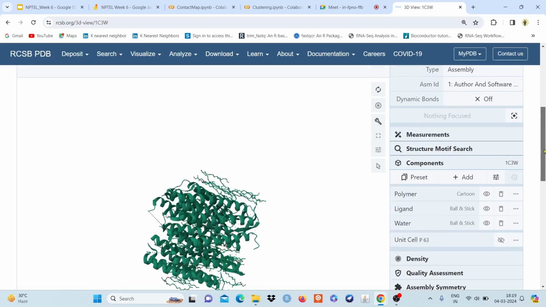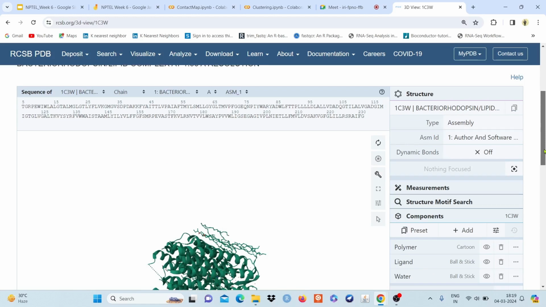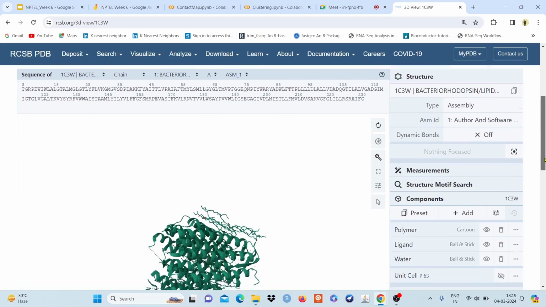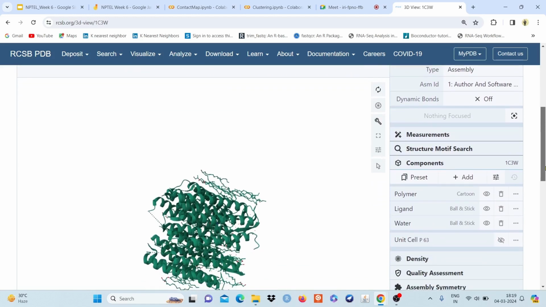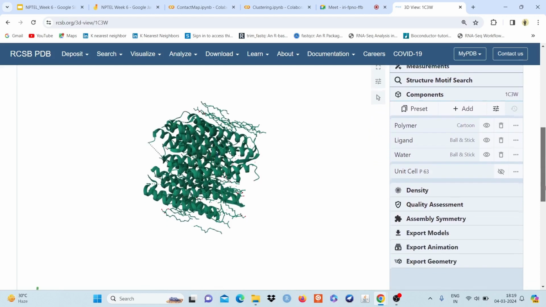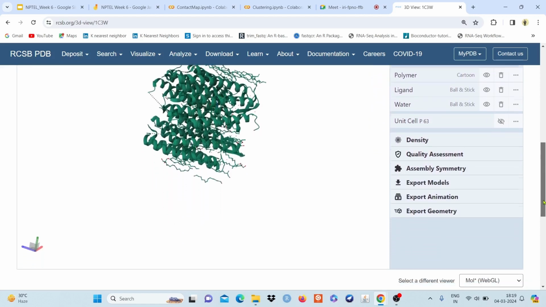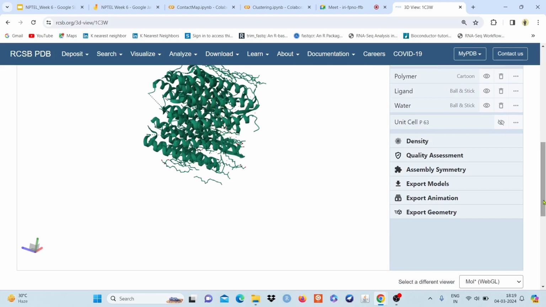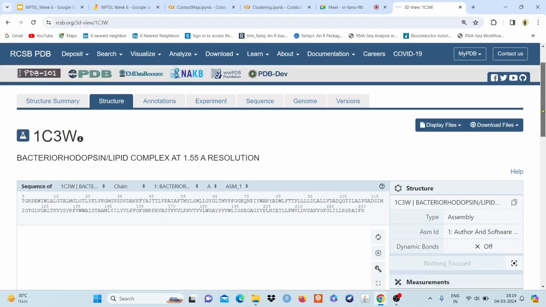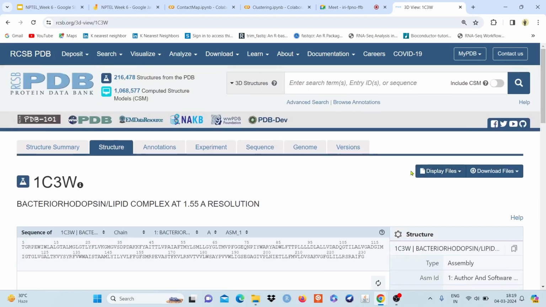Several other structure-based tools have been given to measure, to search for structure motifs, to analyze the components present, to visualize the density of the protein, and also to perform quality measurement. So this is the visualization part.